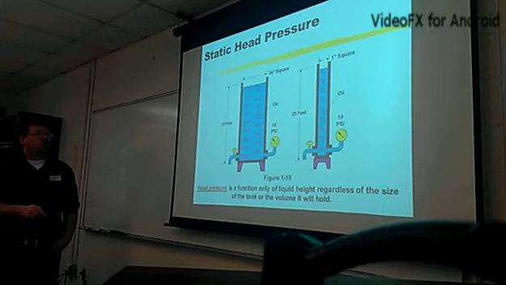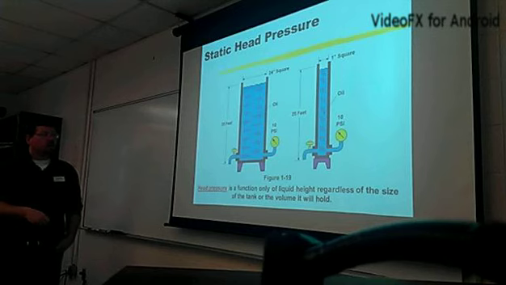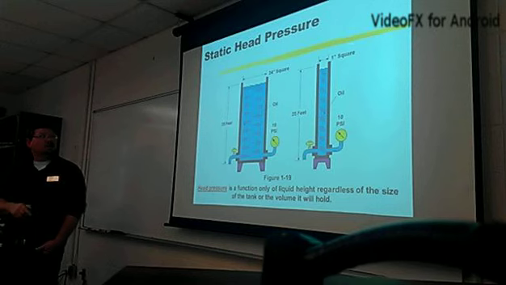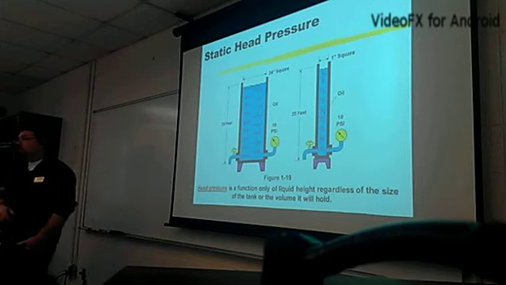Here we have one that is 1 inch, same height, so it's a 1:24 ratio, and what do we have down here? 10 psi. Now why do we have that? We have that because the same atmosphere that's pressing 14.7 is pressing right here too.